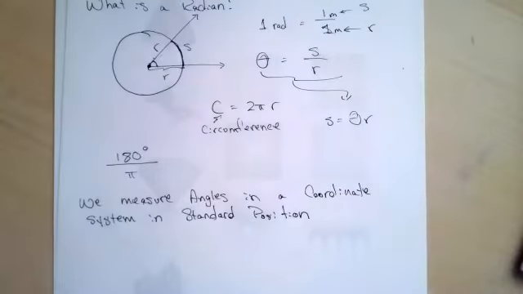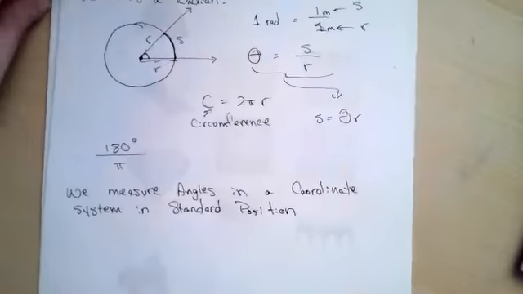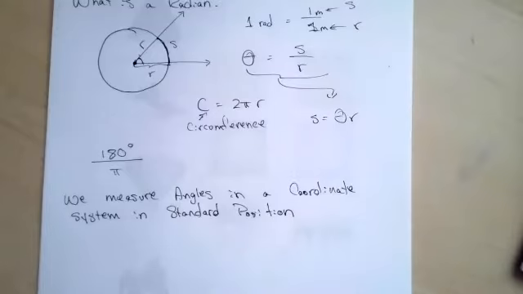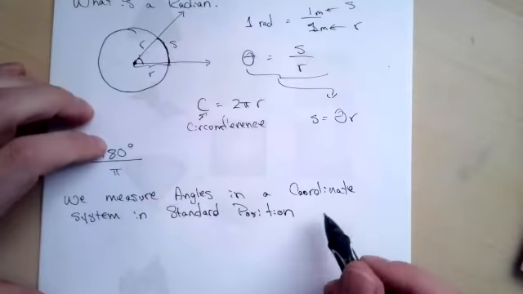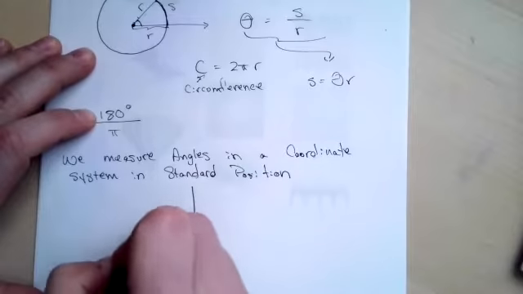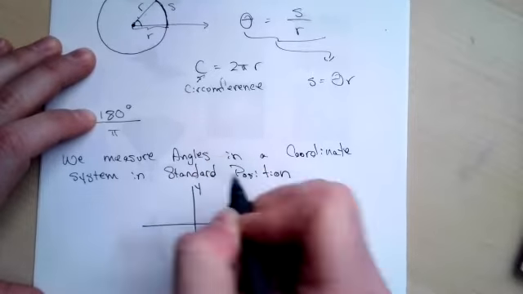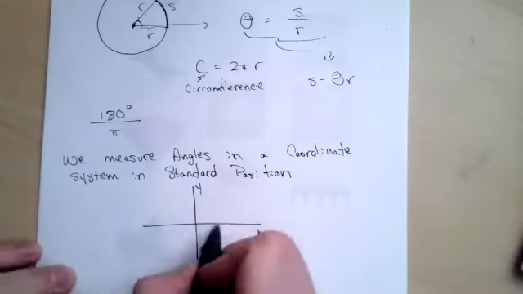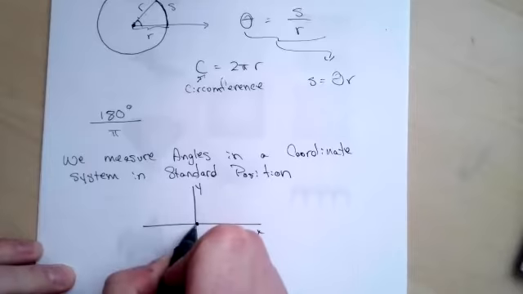So typically with our course with calculus, we are going to be using Cartesian geometry. All the math and all the geometry that we're going to be doing is in the Cartesian plane, our standard XY plane, and our angles are going to be measured from the positive x-axis.